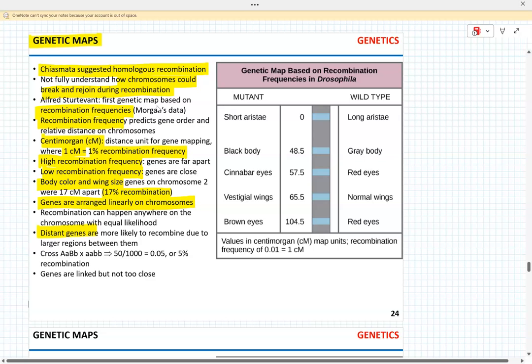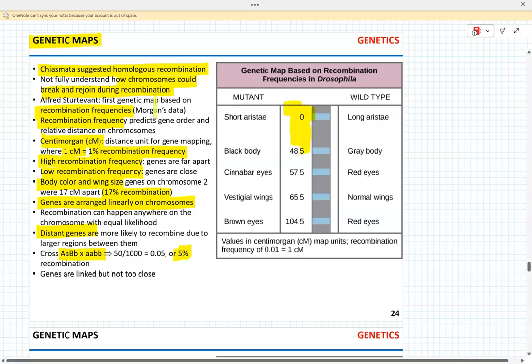the larger regions. So, for instance, if you cross an organism that is heterozygous for 2 genes that are supposed to be linked, and an organism that is homozygous recessive for those same 2 genes, and the recombination frequency is 5%, it means that the distance between them is 5 centimorgans, meaning that genes are linked, but not extremely close.